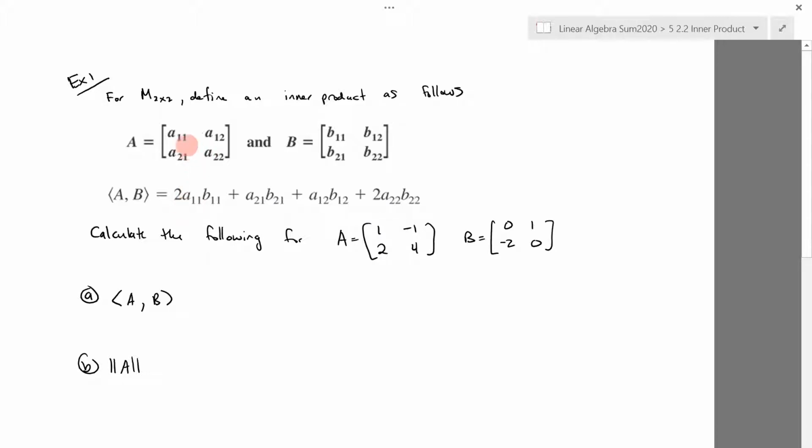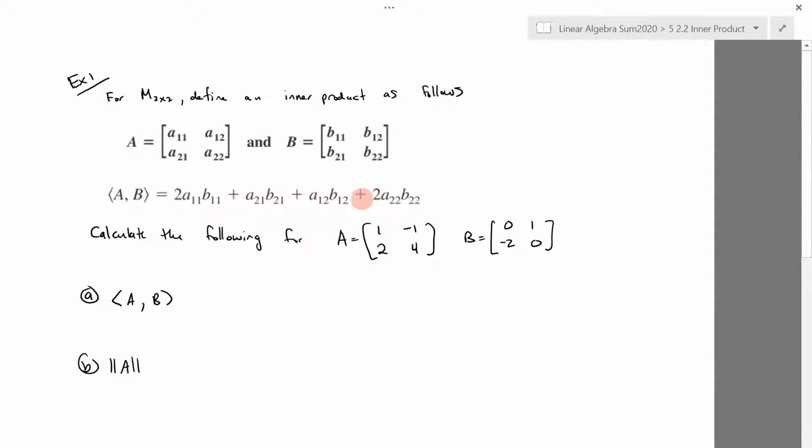You shouldn't think about visualizing the geometry in the same way as the standard inner product, because the dot product doesn't have coefficients on the terms, they're all 1, whereas this has a coefficient 2 for this term and a coefficient 2 for this term.